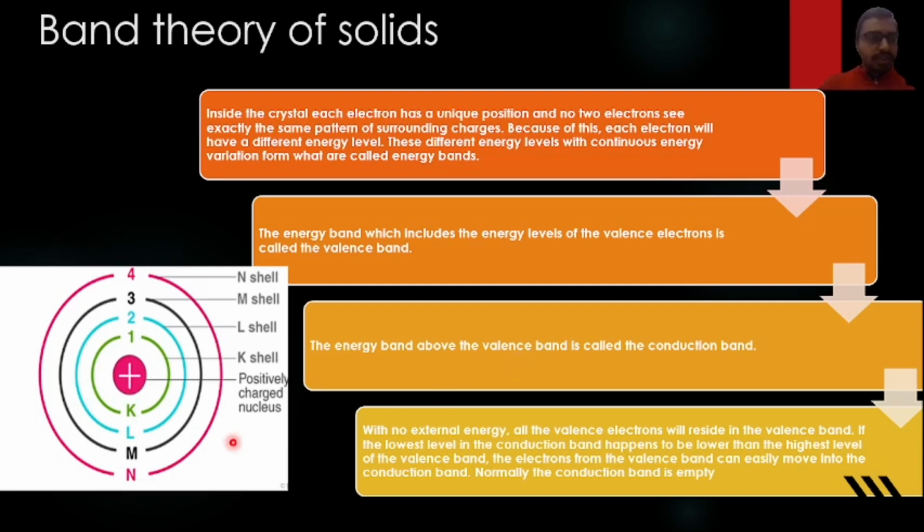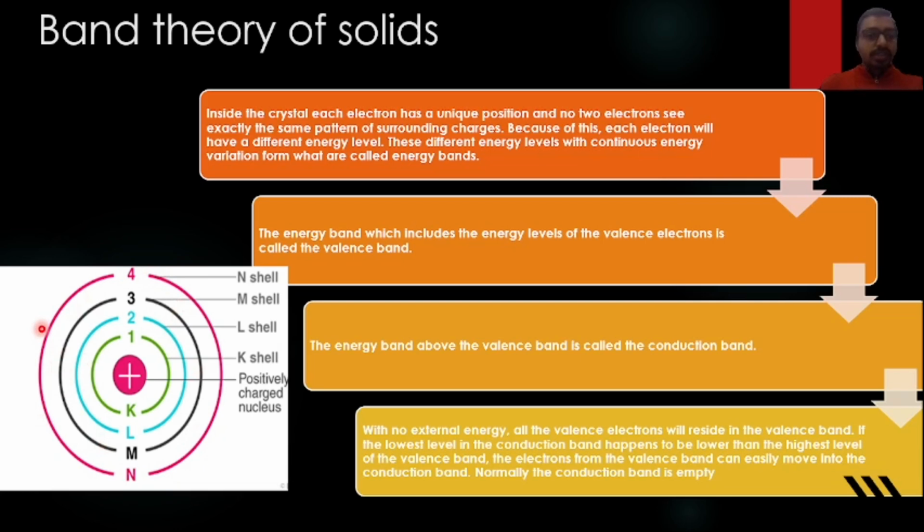Its postulate is that electrons move around the positively charged nucleus in circular orbits, and every orbit has definite energy levels. There is some similarity here: inside crystals, each electron has a unique position. These electrons have definite energy levels because they revolve around the nucleus in orbits, and every orbit has its energy level.